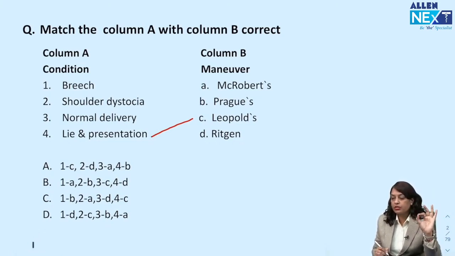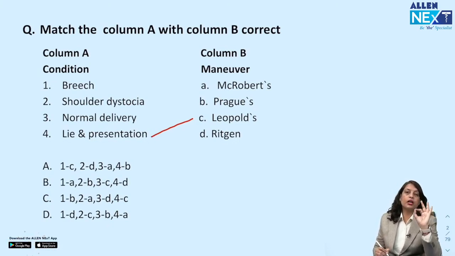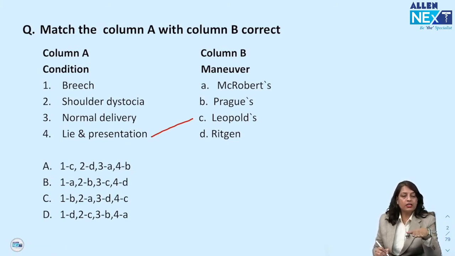What is shoulder dystocia? Shoulder dystocia is seen in a macrosomia baby, and usually my clinical experience is that those patients who are unbooked, unregistered and pregnant, they land up in the labor room in the second stage of labor or in the active stage of labor.